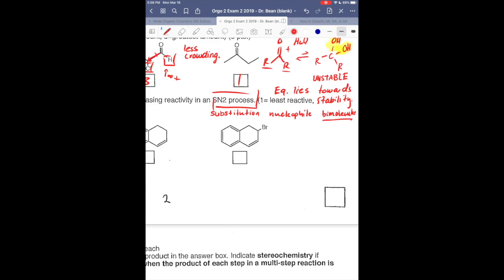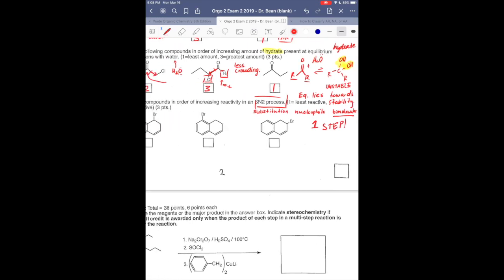So if it's bimolecular here, the rate determining step is dependent on both the nucleophile and the alkyl halide. So that means that these are happening in the same step. So that means how many steps happen here in SN2? This is a 1-step process, okay?